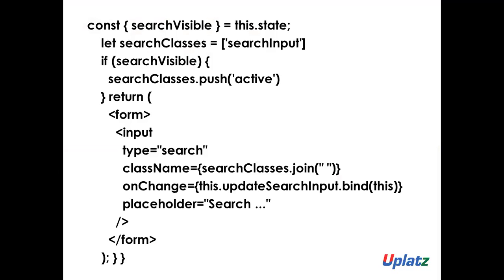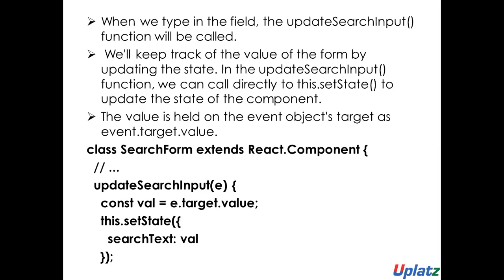On the onChange, I call the updateSearchInput method, bound. I have a placeholder called search. So whatever I type in the form will get appended and update immediately. It will trigger the event.